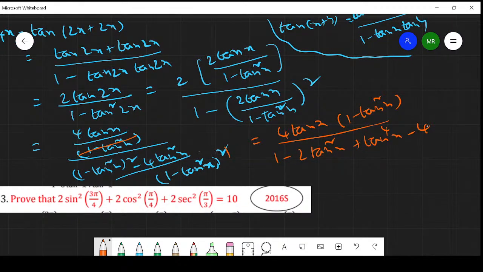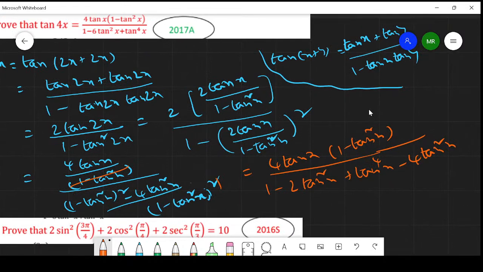How do we get this? This is a fraction, so numerator and denominator reverse: 4 tan x into 1 minus tan square x by 1 minus a whole square, a square minus 2ab plus b square, minus 4 tan square x.